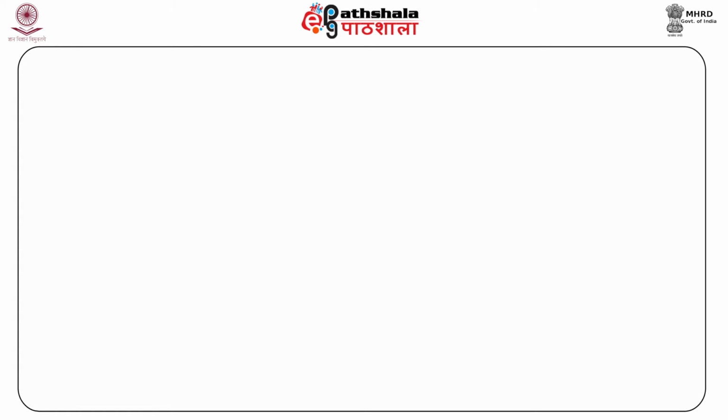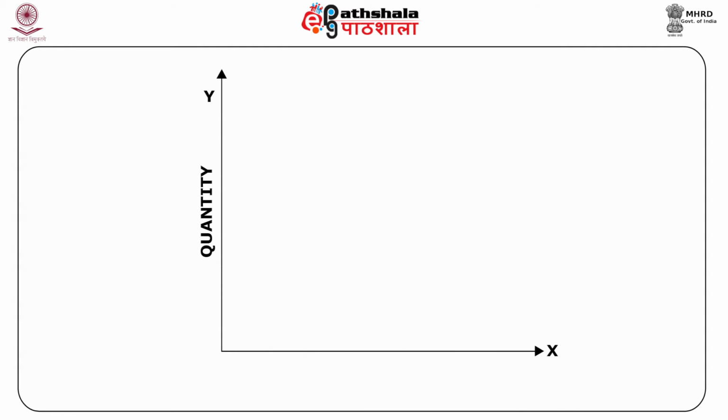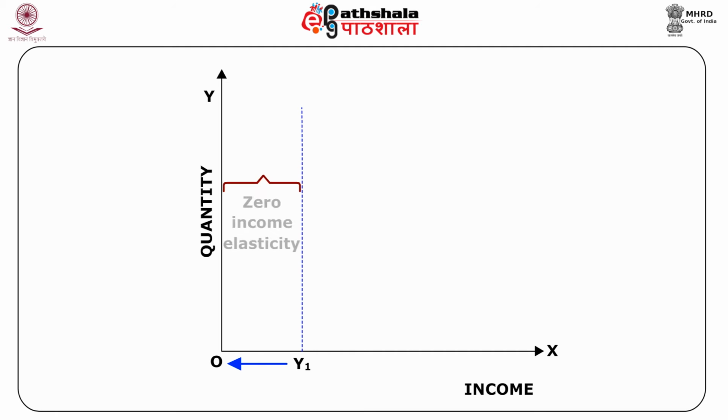The relationship between quantity demanded and income can be explained with the help of a diagram. We take income and quantity on x and y axis respectively. If the income level is less than y1 level, no quantity is demanded, so income elasticity is 0.